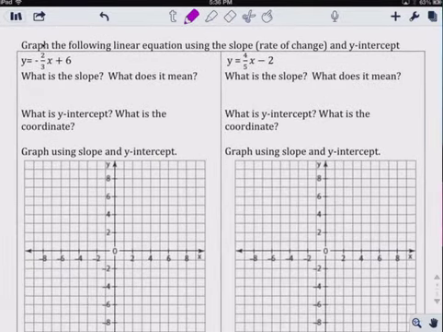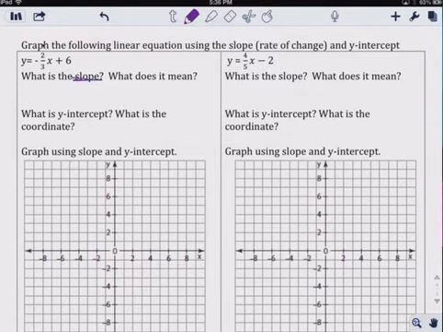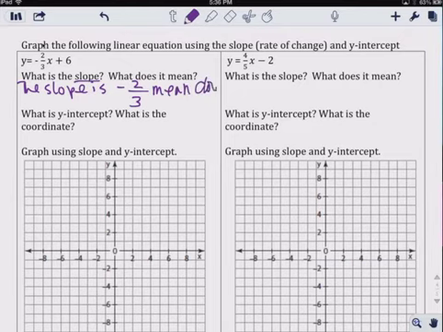Okay, what is the slope? Remember, the slope is the same thing as rate of change. So the slope is -2/3, which means down 2 and right 3.